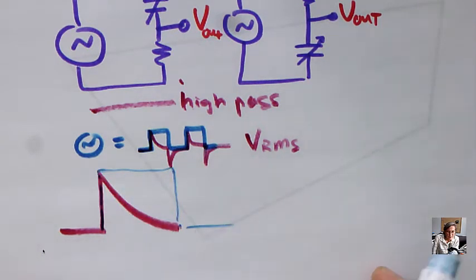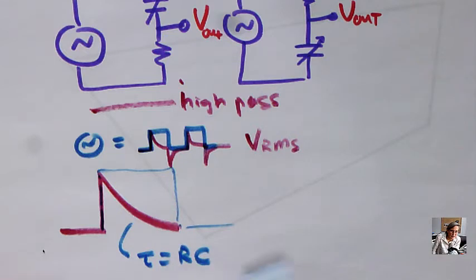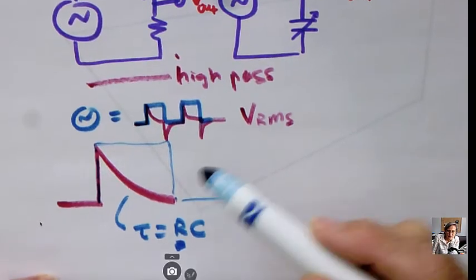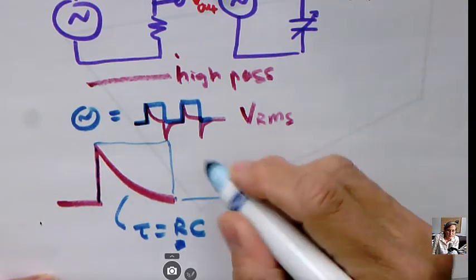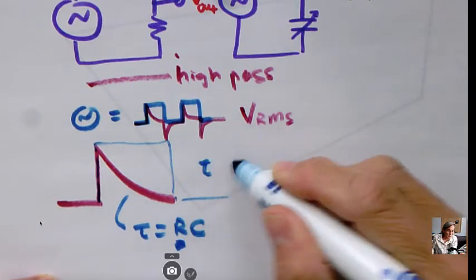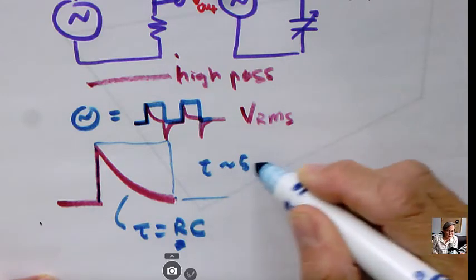And the trick in the design here is to choose an R so that we get that full half wave. And you recall that it decays with a tau value equal to RC. And so you're going to be choosing an R so that this square wave contains the entire decay of the capacitor.